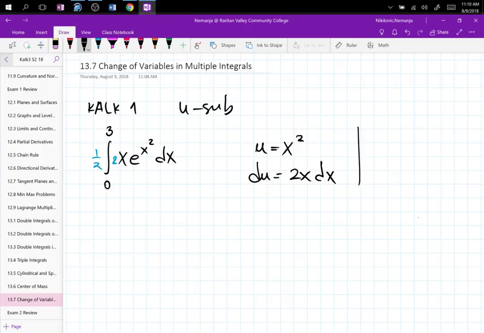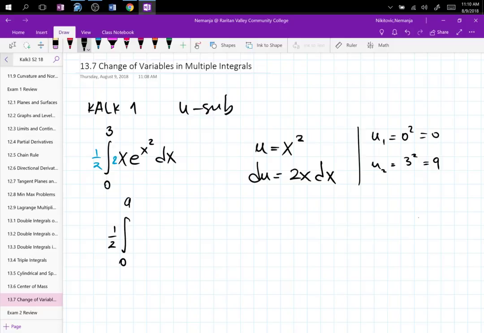And also, we have to change the limits. So u1, the lower limit, is when you plug in 0, and then u2, the upper limit, is when you plug in 3. So now your new transformed integral is not going from 0 to 3, it's going from 0 to 9.